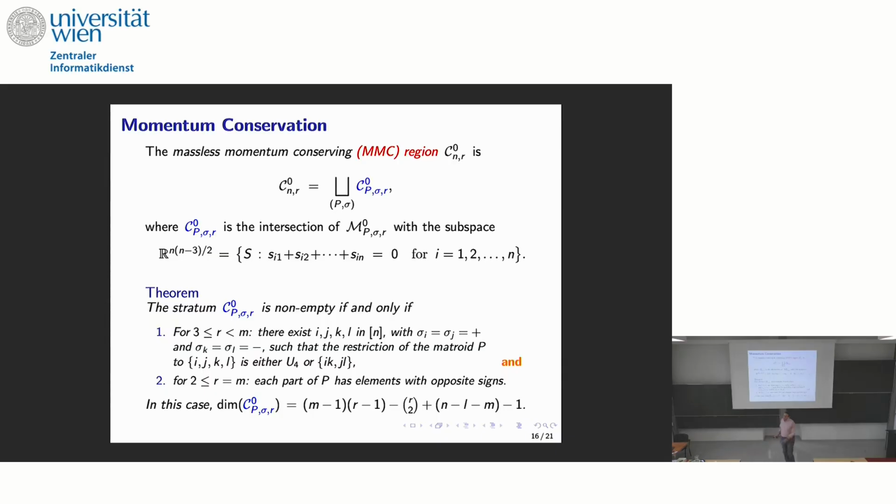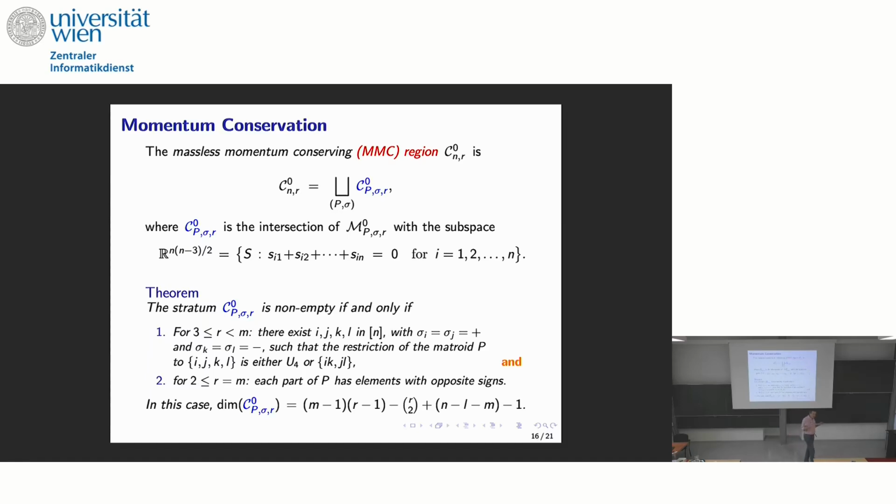So maybe the difference, never mind the difference. This is some technical combinatorial condition. But this technical combinatorial condition says this is exactly the condition when this is non-empty. Or there's the other case where R is equal to m and each part has elements of opposite sign.